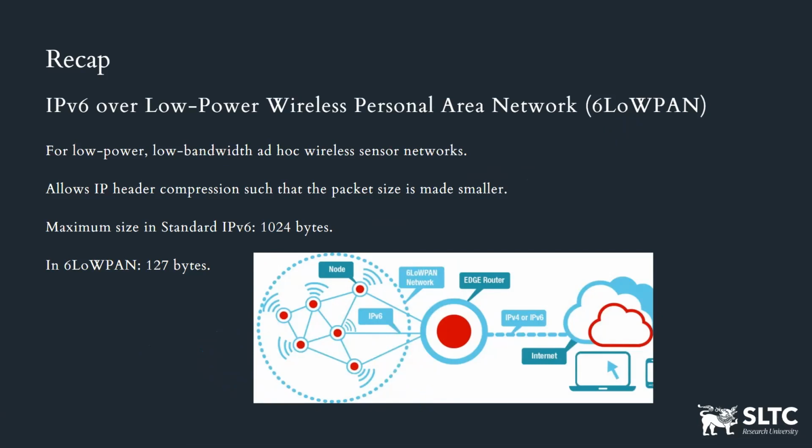IPv6 addressing is used because we can dedicate a certain range of IPv6 addresses for the devices in the constrained environment. Rather than using IPv4, which is a limited addressing scheme, that means IPv4 can only address about 4 billion devices in the world.